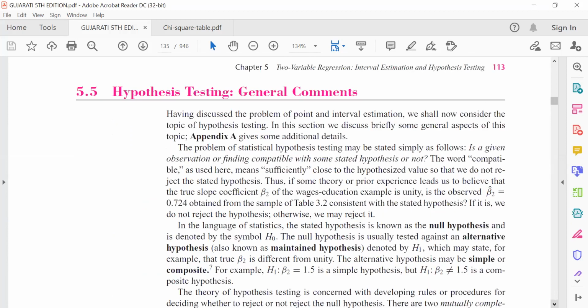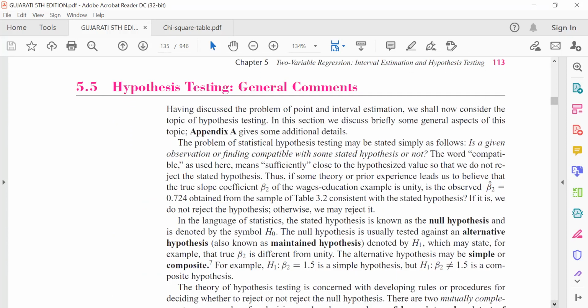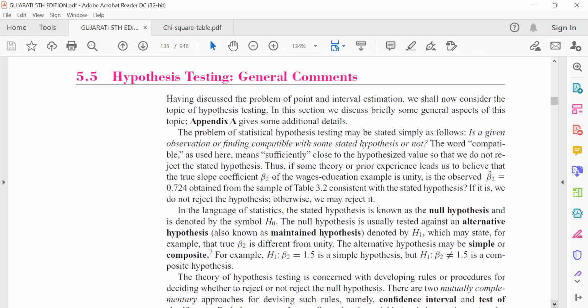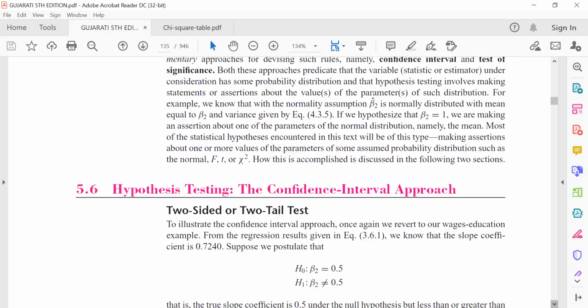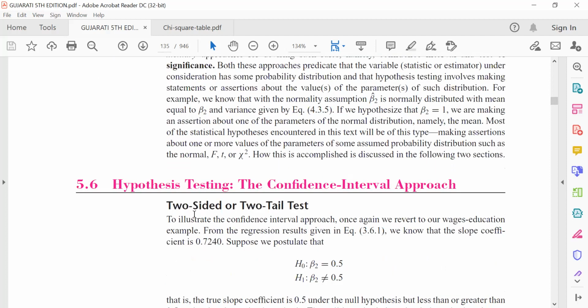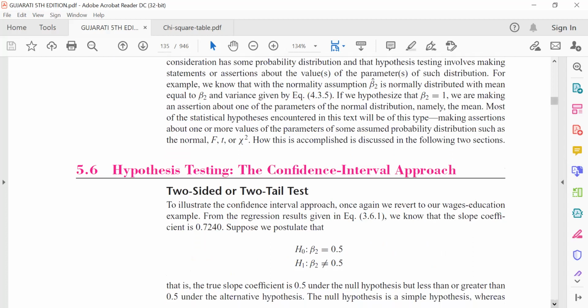Okay, we have two types of testing here. We have two-sided and one-sided. We have two-tail or two-sided testing, and we have one-sided, one-tail test.